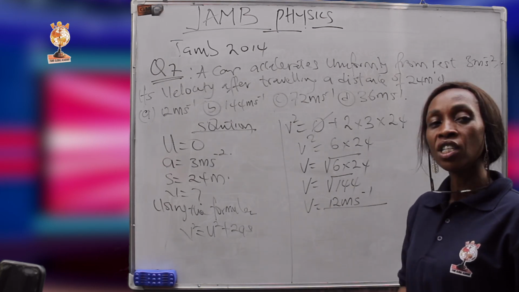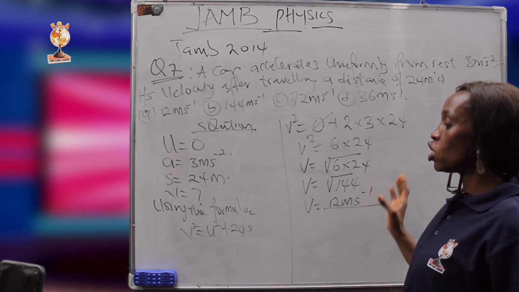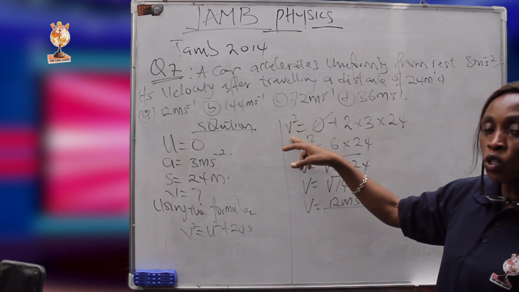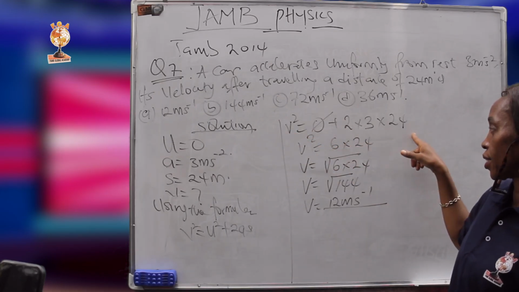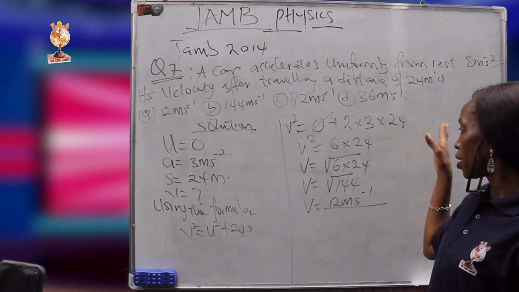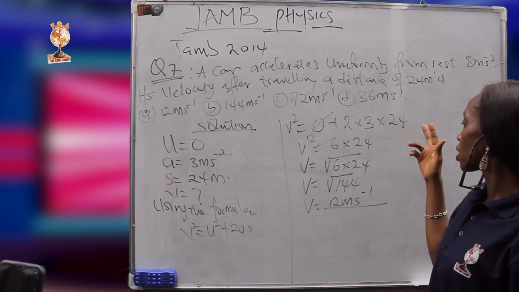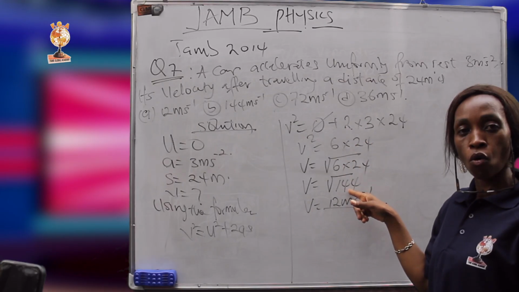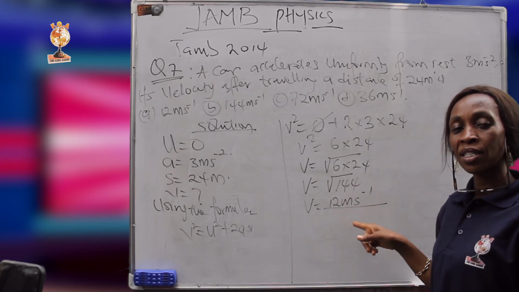I'm equally given initial velocity as U. So input all those into the formula: V squared is equal to U squared plus 2AS. If I have 0 plus anything, it becomes a number. So 2 times 3 is 6, 6 times 24 is 144. If I find the square root of 144, I have 12 meters per second.